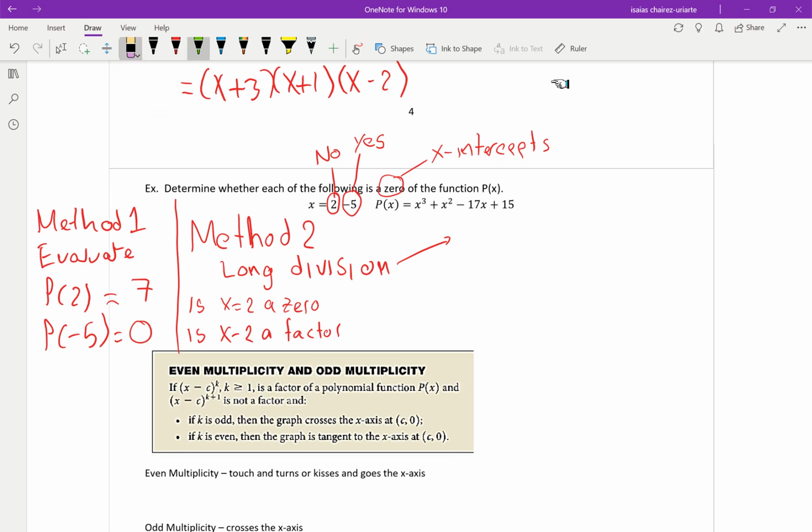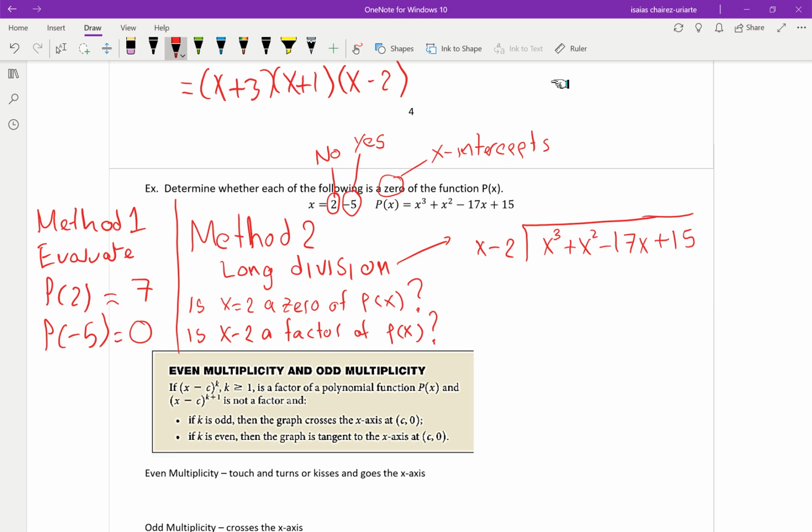Is x equals 2 a 0 of p of x? That's equivalent to saying, is x minus 2 a factor of p of x? These two questions are equivalent. All right, so right now what I want to know is, does x minus 2 divide evenly into my polynomial, x to the third plus x squared minus 17x plus 15?